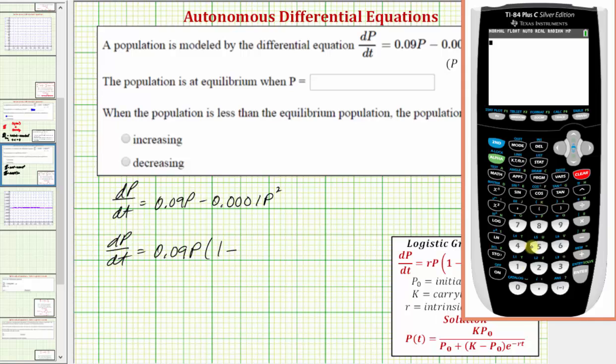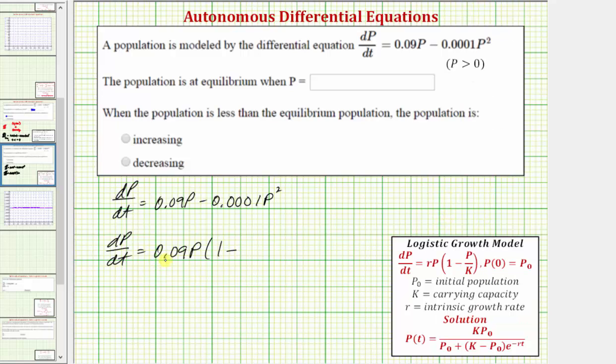So using the calculator, notice that 0.0001 divided by 0.09 gives us this decimal, but if we press math, enter, enter, we're left with the fraction 1/900. So if we factor out 0.09p from 0.0001p squared, we're left with 1/900 p, or just p divided by 900.